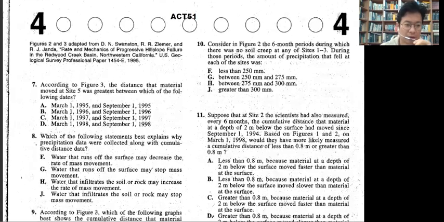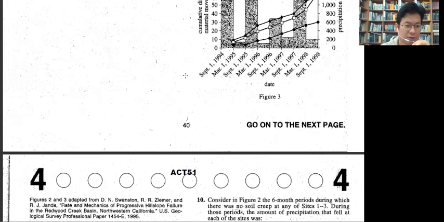And then question number 7, according to figure 3, the distance that material moved at site 5 was greatest between which of the following dates? Figure 3.